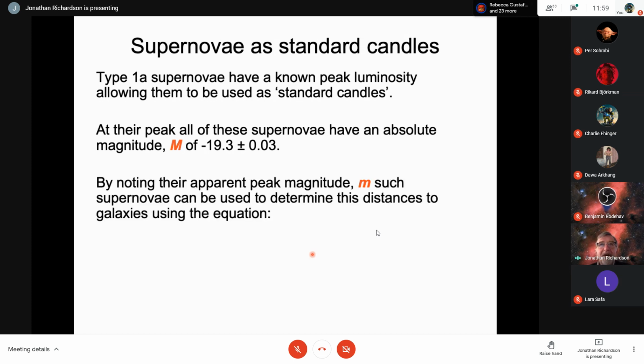So if we now observe their apparent magnitude, you can determine the distance because we have the formula: the difference in the magnitudes between apparent and absolute gives us 5 times log the distance in parsecs divided by 10.